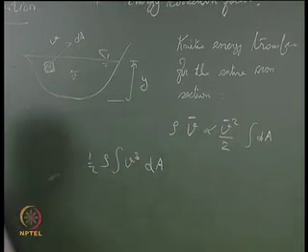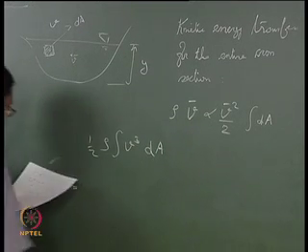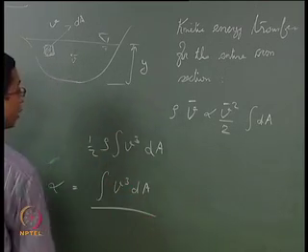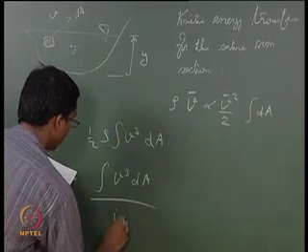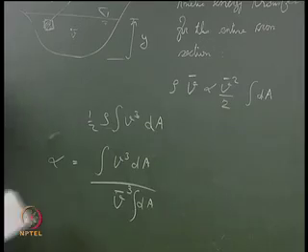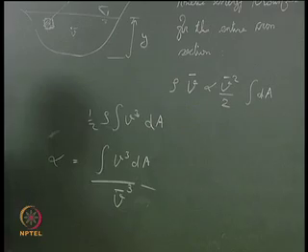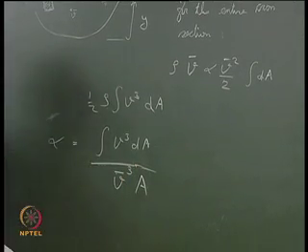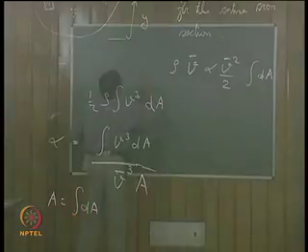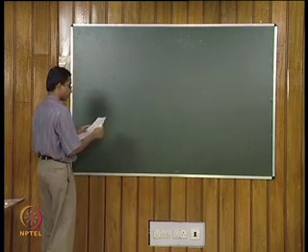They both should be equal, and subsequently you can get the expression for the energy correction factor: alpha is equal to integral of v cube dA by v bar cube into A. Or this integral dA can be written as capital A, where A is equal to integral dA. So, now you have gone through what is meant by the energy correction factor.